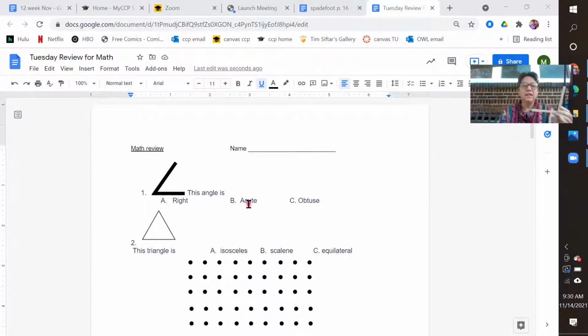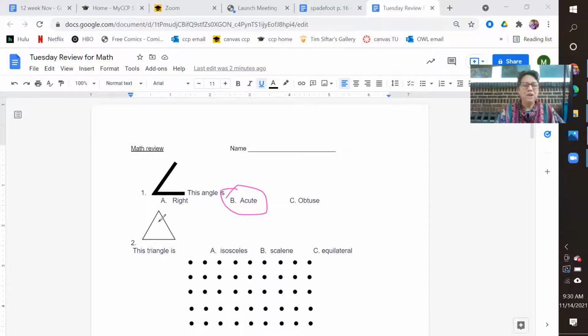Obviously, it is acute, and so you will circle acute. So let's do it. Okay, so that's what you need to know about angles. So tomorrow, maybe I'll give you a right angle or an obtuse angle, or maybe another acute angle. It's so cute, right?